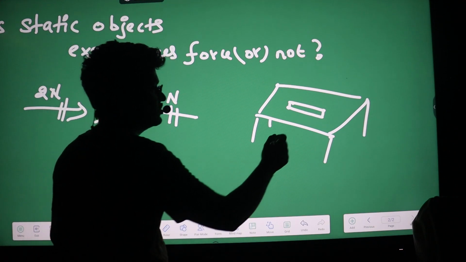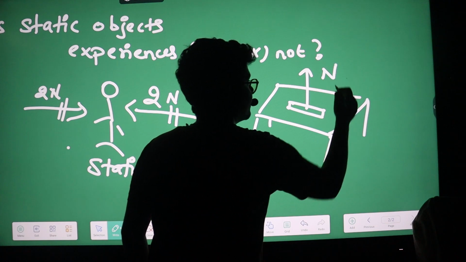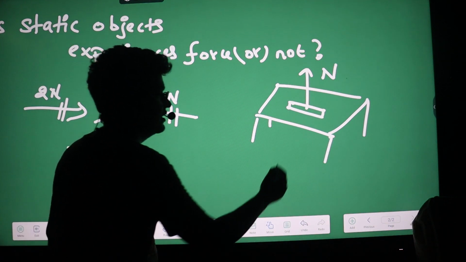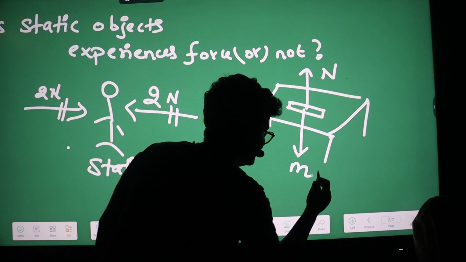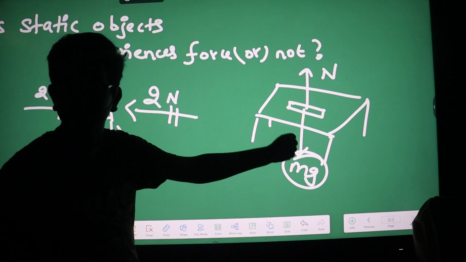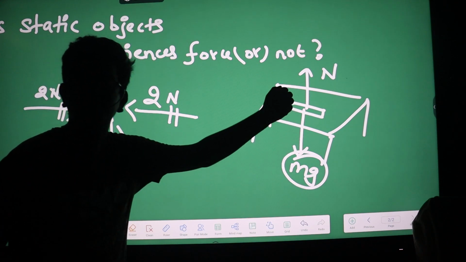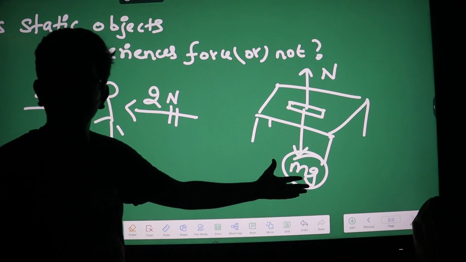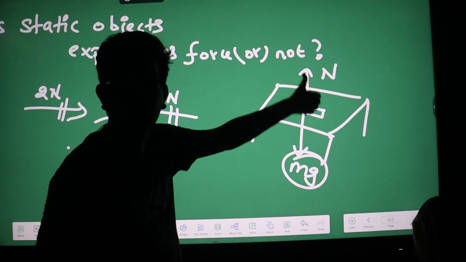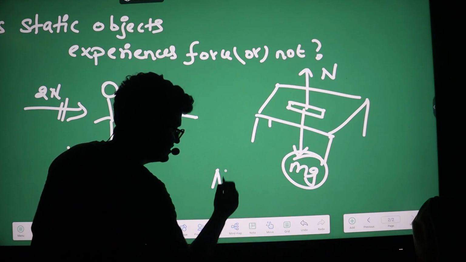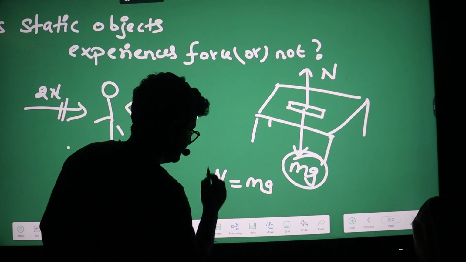You would have studied, this is the normal reaction. This force is known as normal reaction. It is a contact force. And mg is the gravitational force, pulling this book down. Still, this book is not falling down because an equivalent force, the normal reaction, is acting in the upward direction. That is why you studied N is equal to mg.